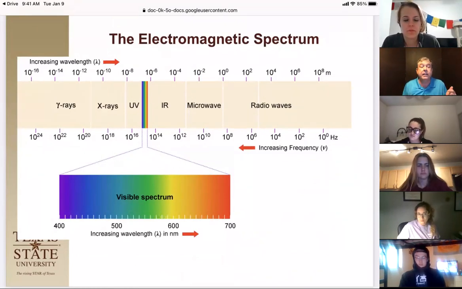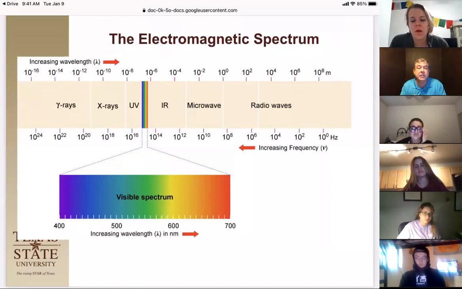The wavelength increases as we go left to right. So IR is just a little bit less energy than the visible spectrum, but that means it's down in the energy range where it will start to absorb these light waves and start to vibrate. And that's what's really happening here.